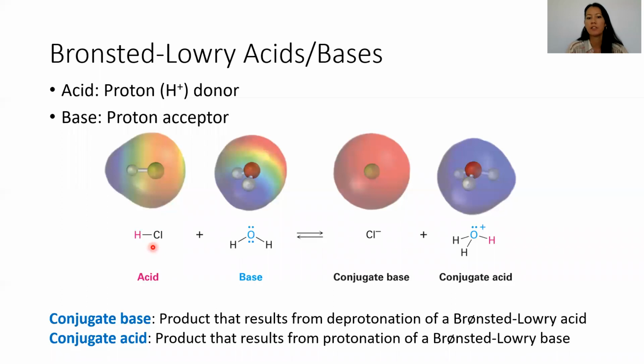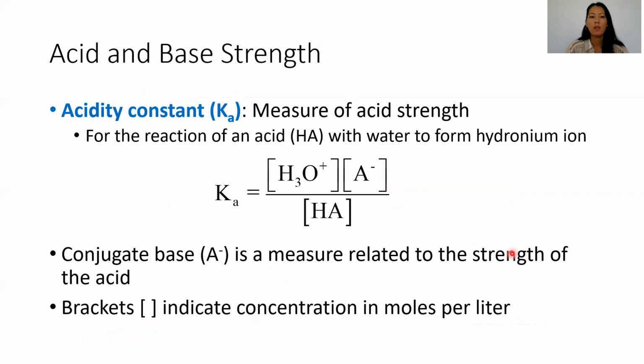Here's a classic HCl and water reaction, giving Cl- as your conjugate base and hydronium ion as your conjugate acid. In that sort of reaction, we use Ka to measure acid strength.